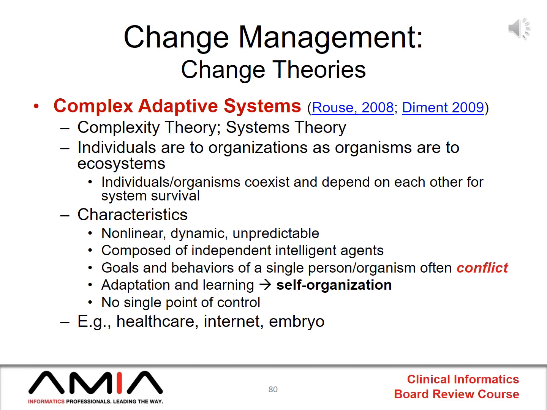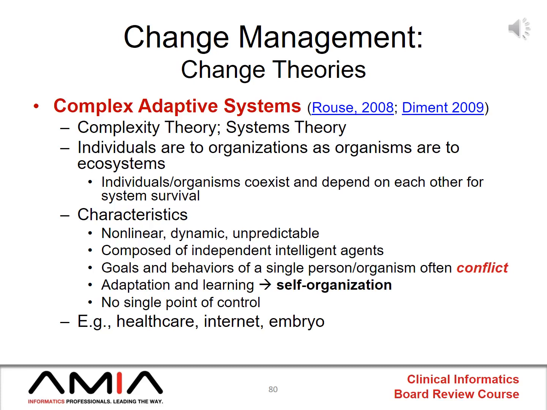The individuals in an organization are stated to coexist and depend on each other for system or organization survival. And in these systems, individuals are assumed to be independent, intelligent agents, that the goals and behaviors of a single person often conflict with that of another, and that organizations are actually able to adapt and learn on their own or to self-organize, and that there is no single point of control in change.